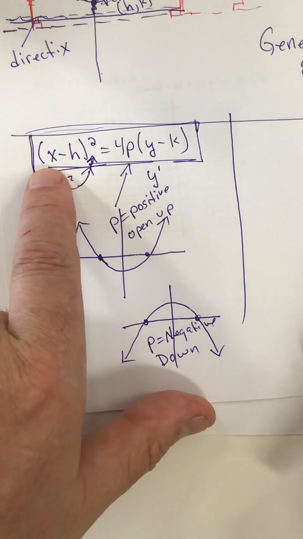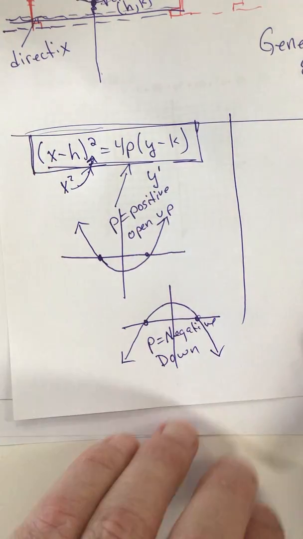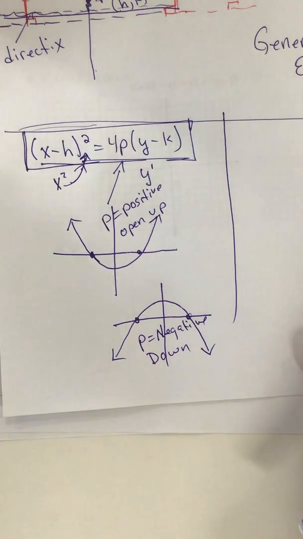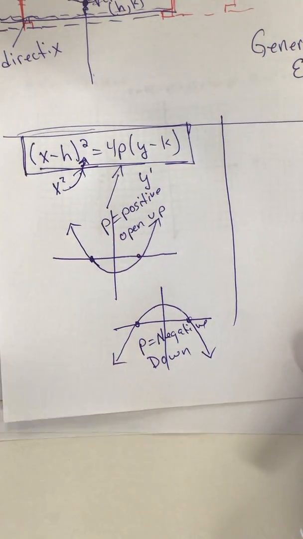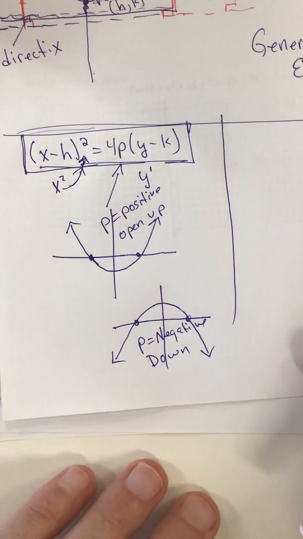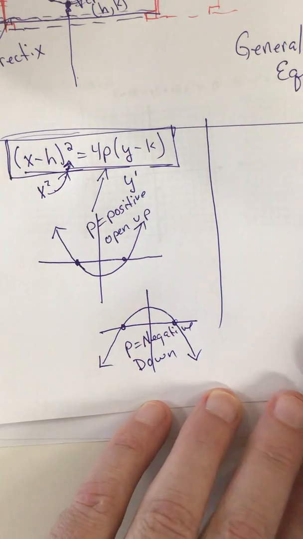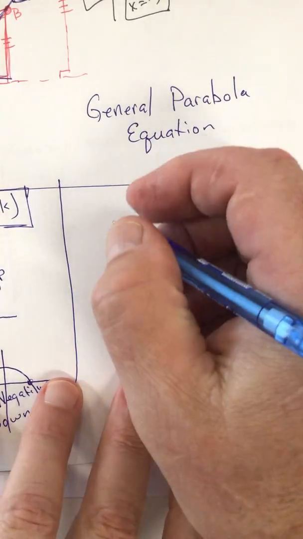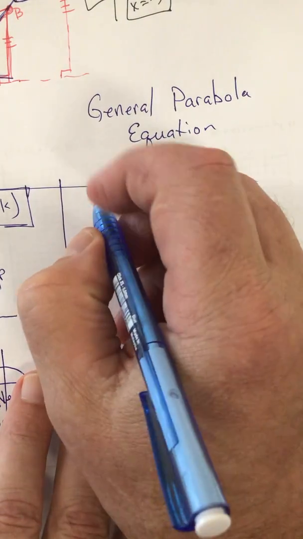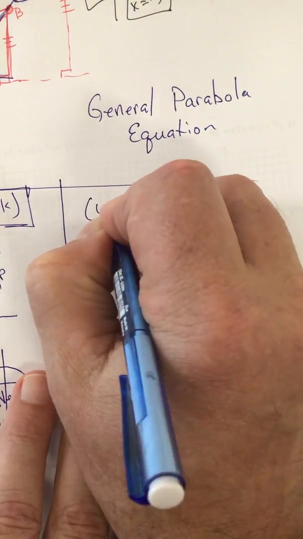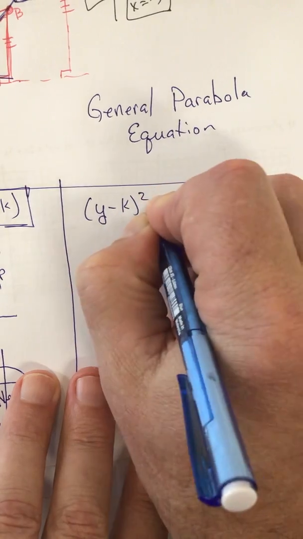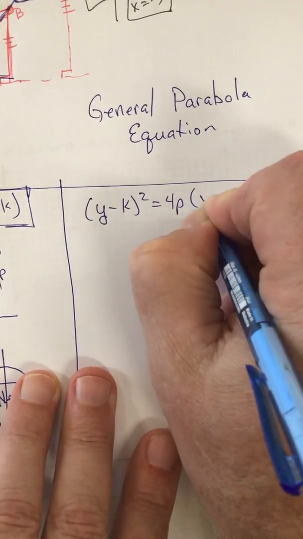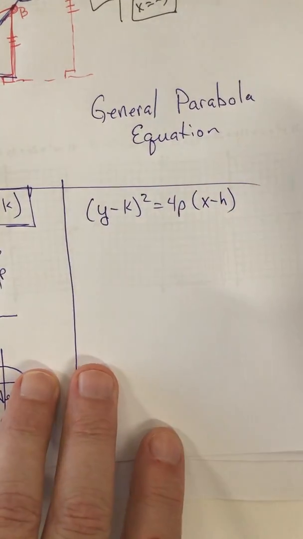So this is the form when it crosses the x-axis two times, but all parabolas don't necessarily have to do that. That's all we've been working with before when we were doing parabolas as algebra. But as a conic, they can also go sideways. The sideways one looks like this: y minus k all squared equals 4p times x minus h.